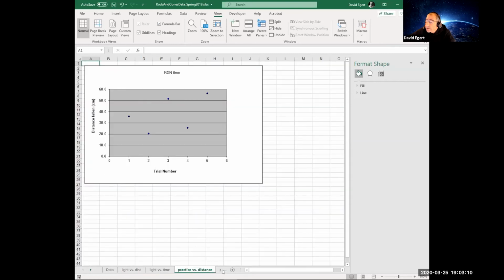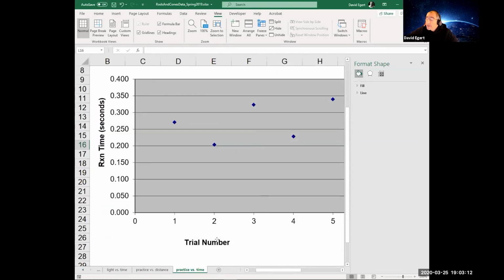Whereas if we look at the practice, the trial number versus reaction time, there really doesn't seem to be a correlation. So this is really nice. This is letting us say, oh, practice really doesn't seem to be making a big difference, and even if it's making some difference, it's very minimal compared to the amount of difference that the brightness of the light makes.